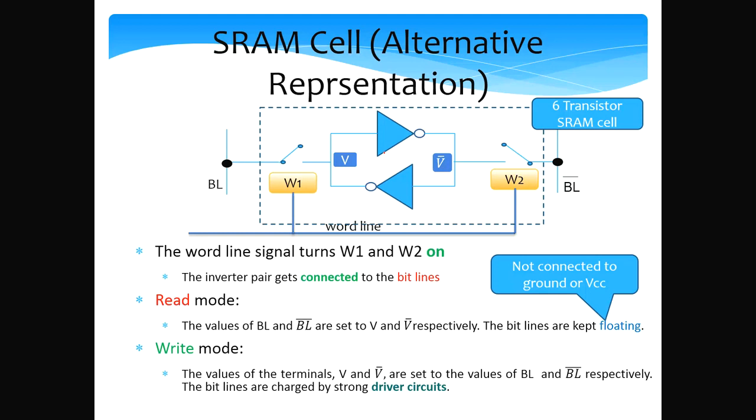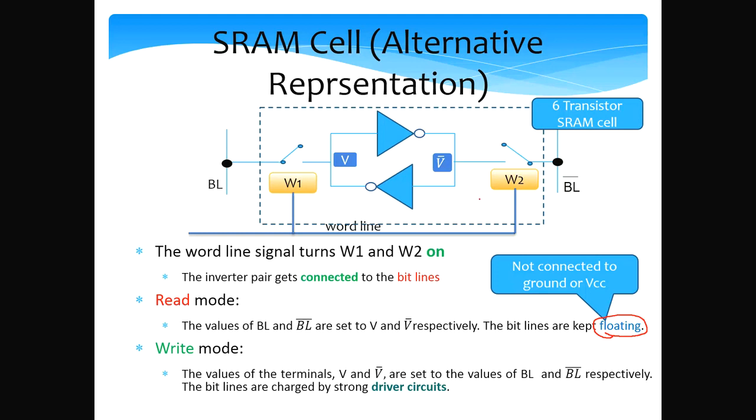So they drive the voltage of BL and BL bar. In the read mode, the bit lines are kept floating. So what does floating mean? Floating means that they are not explicitly connected to either the supply voltage or the ground voltage. So we allow the voltages V and V bar to propagate to set the values of the bit lines BL and BL bar.